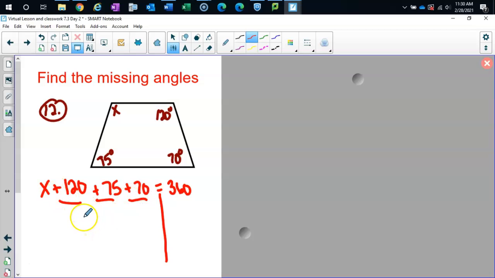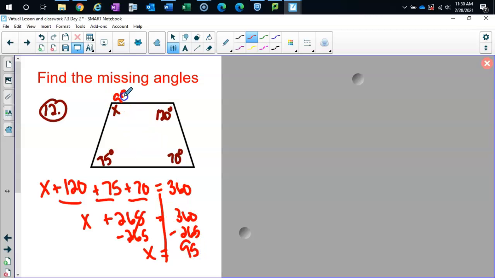You don't have anything to add to x, so x plus 120 plus 75 plus 70 is 265 equals 360. Subtract 265 from both sides, and we end up with x is 95. So if you check this, 95 plus 120 plus 70 plus 75, you do get 360.